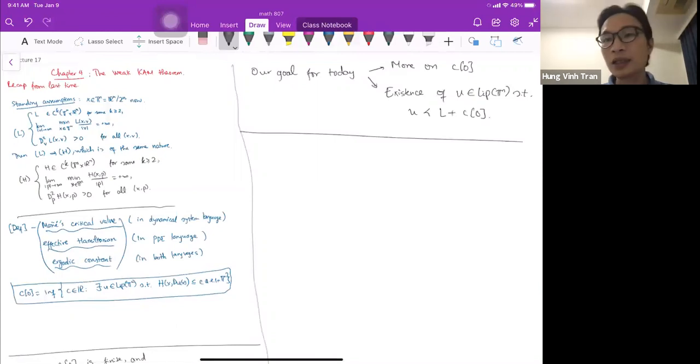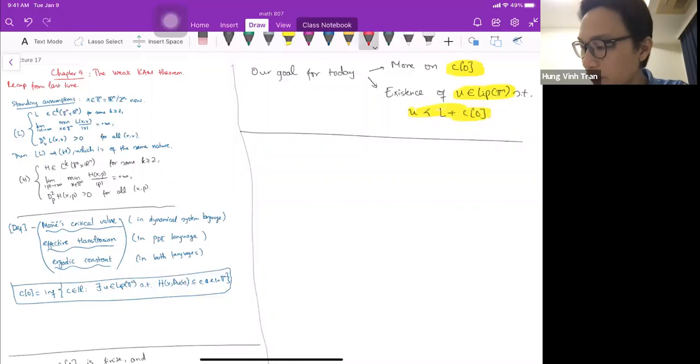Okay, so I guess we can start now. Today we're going to talk more about the constant C naught that we defined last time, and we're going to prove that C naught is also admissible, in the sense that there exists a function U that is Lipschitz, so that U is dominated from above by L plus C naught.